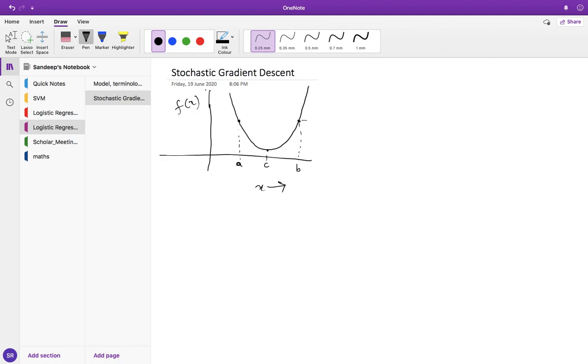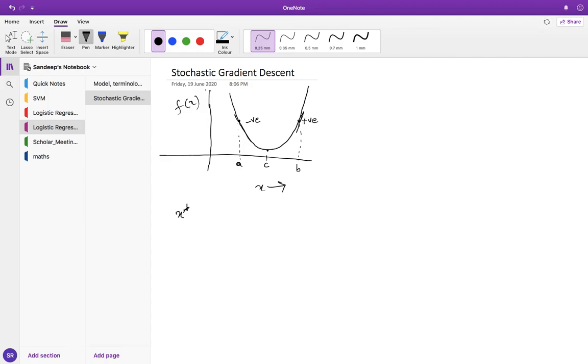So here, suppose you want to reach the optimum value, say x star, and you have started with point A. As you can see here, the slope at point A is negative. The slope at point B, as you can see here, is positive.